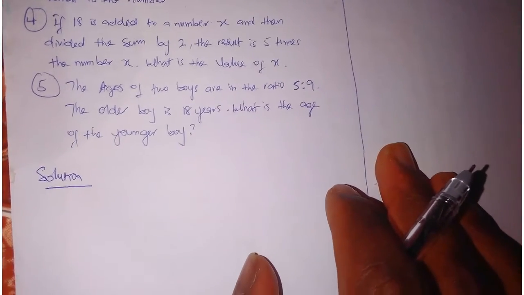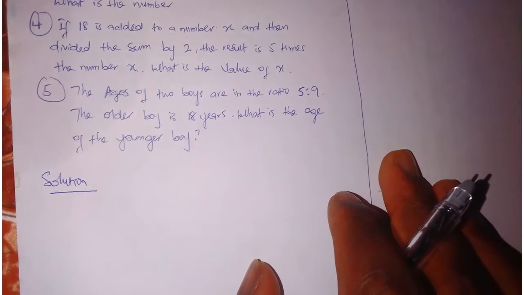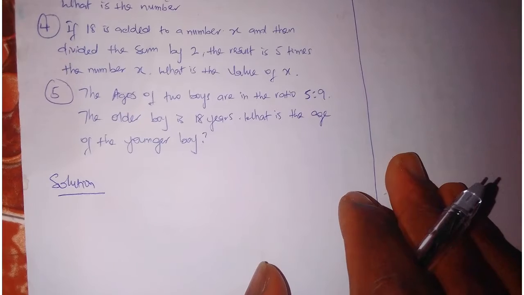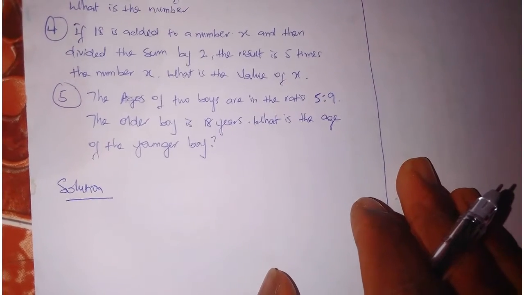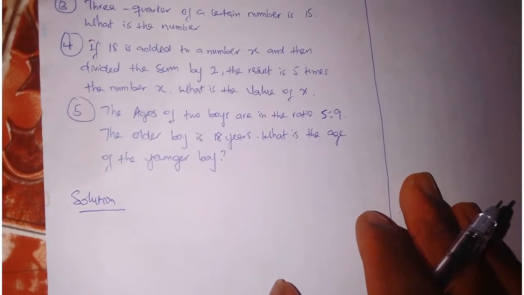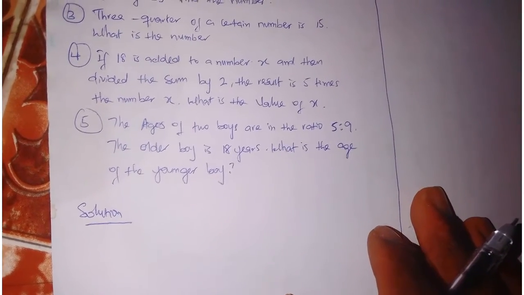Three consecutive numbers can be 2, 3, 4. Or 2, 4, 6, where the difference is 2. Or 3, 6, 9, where the difference is 3. Those are consecutive numbers. So any of those consecutive numbers you use to solve this question, you get the same answer.